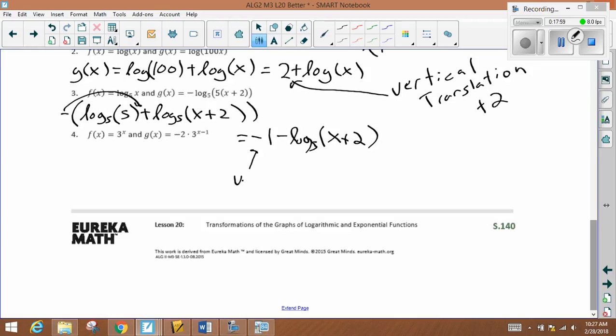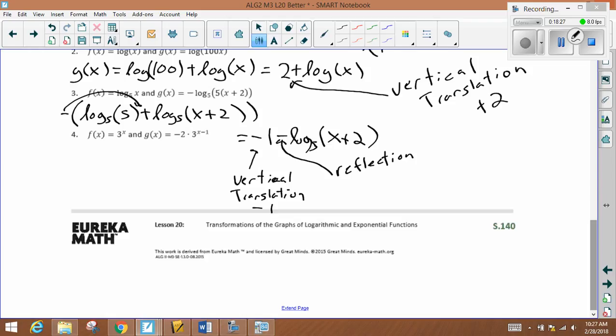This is a vertical translation of negative 1. What does this do? When we put a negative in front of stuff, what happened? It reflects it, right? That's a reflection.